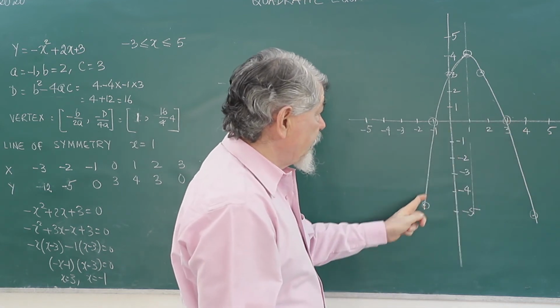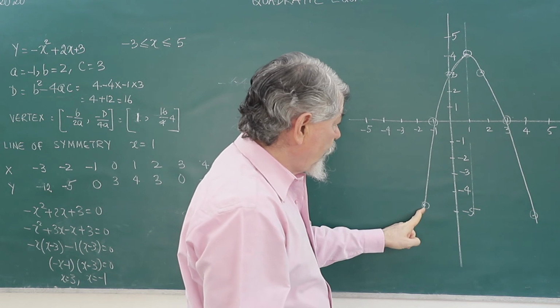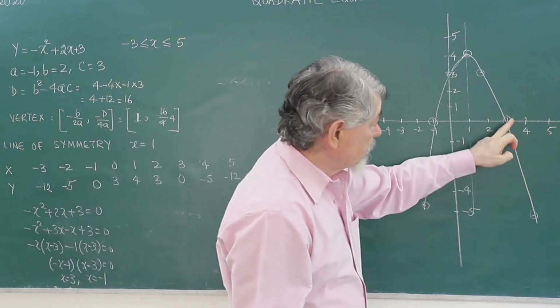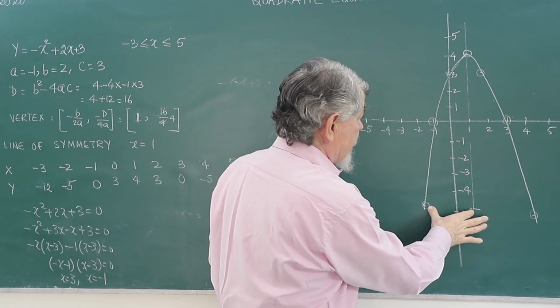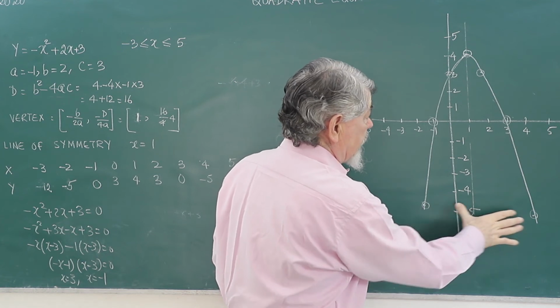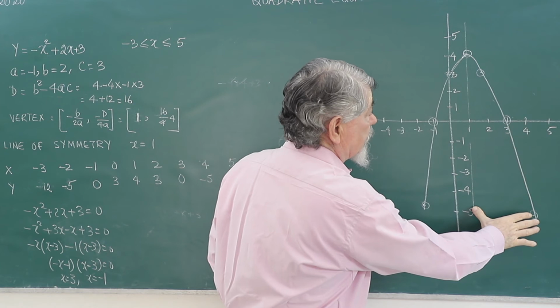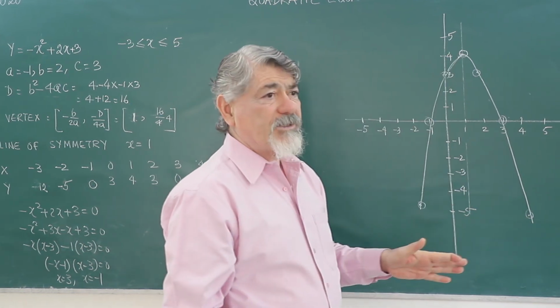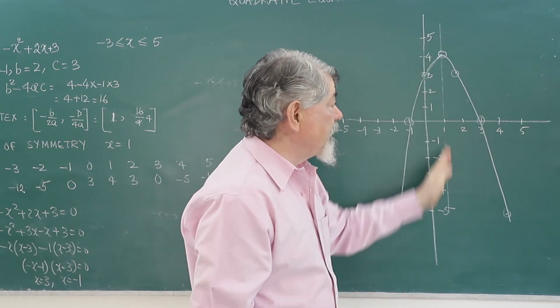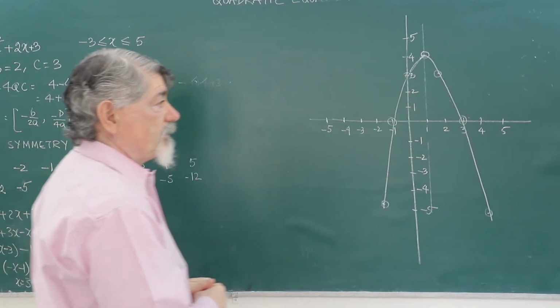Now this point is minus 2, minus 5 and this is 4, minus 5. The distance will be the same. What is the distance between these 2 points? 3 and 3 will be the distance on that side also. So all these points are symmetrical. That is why this line is called the line of symmetry.